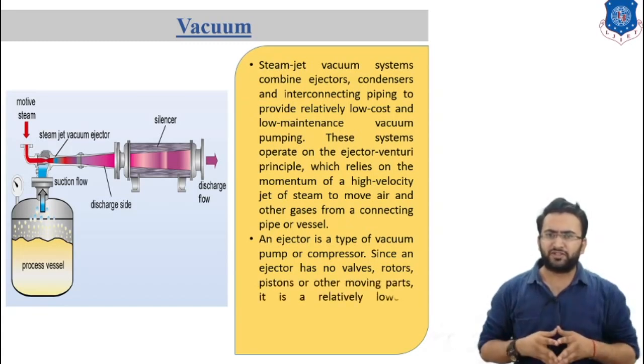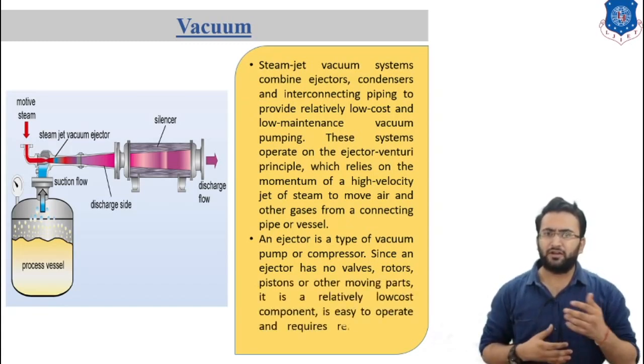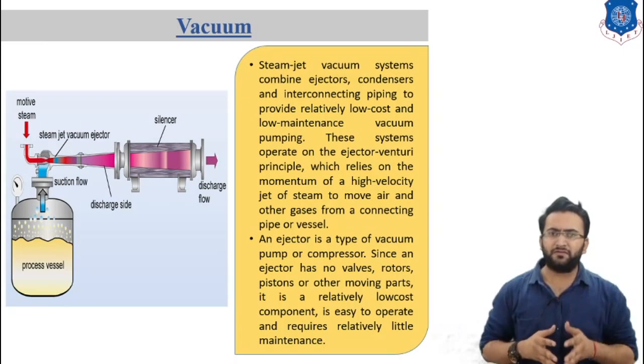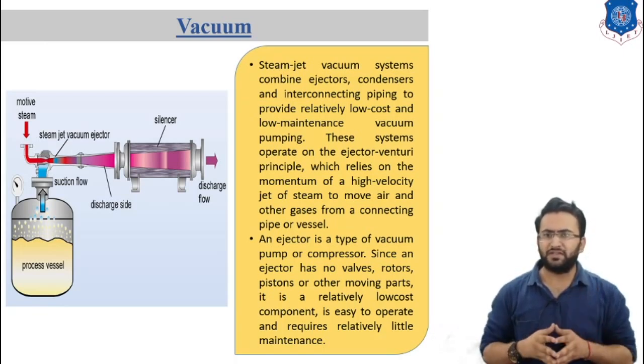A steam jet vacuum system combines an ejector, condenser and interconnecting piping to provide relatively low cost and low maintenance vacuum pumping. This system operates on the ejector venturi principle, which depends on the momentum of a high velocity jet of steam to move air and other gas from a connecting pipe or vessel.